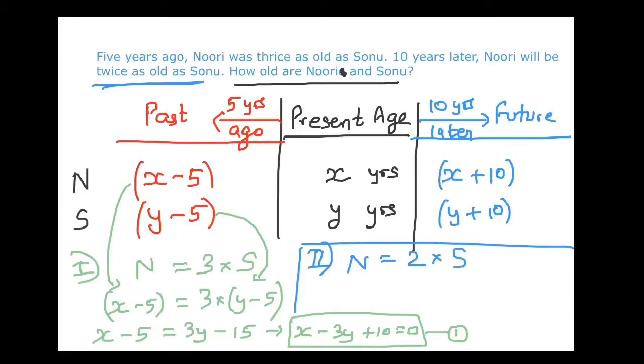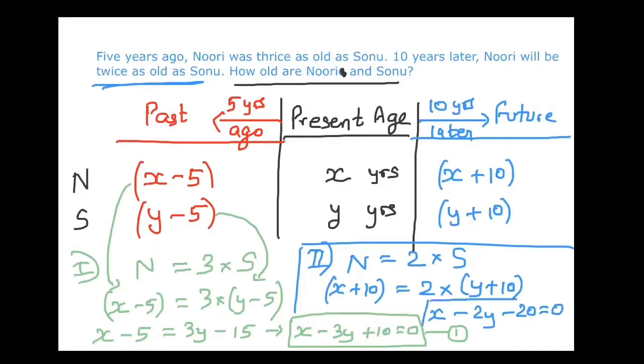So for Noori, age will be X plus 10 is equal to 2 into Sonu's age, which will be Y plus 10. And if you simplify the bracket, the final answer is X minus 2Y minus 20 is equal to 0. So this gives you the second equation.